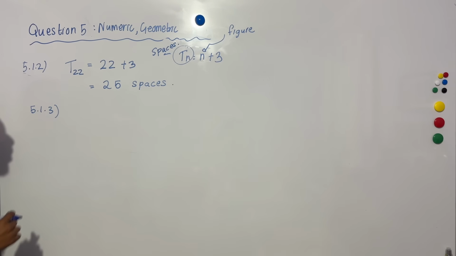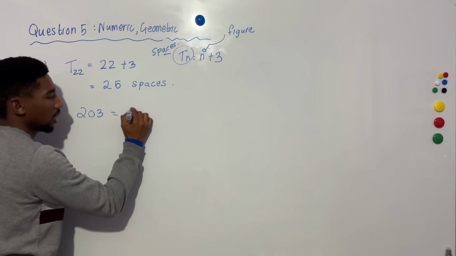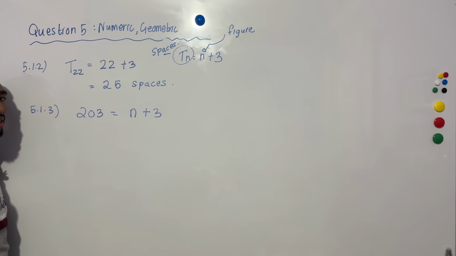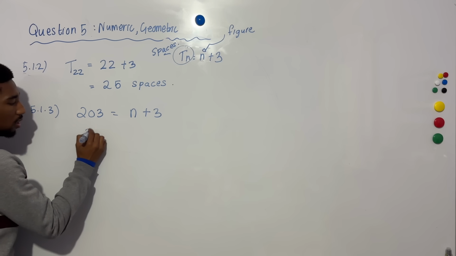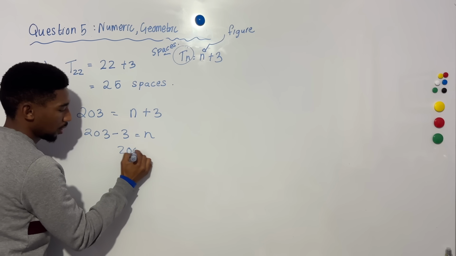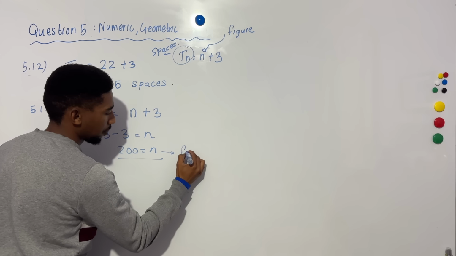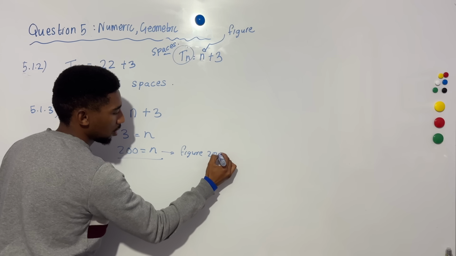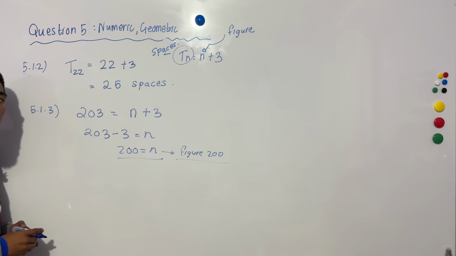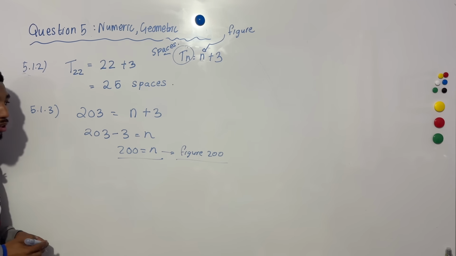Okay, so we're looking at 203 spaces equal to n plus 3. N being our figure, we don't know which figure it is. Right, and then to solve for that, we're simply going to take the 3 over, and we have 200 equals n, being figure 200. Figure 200 will have 203 spaces. You see, you can verify that by just adding the 3 to the figure.